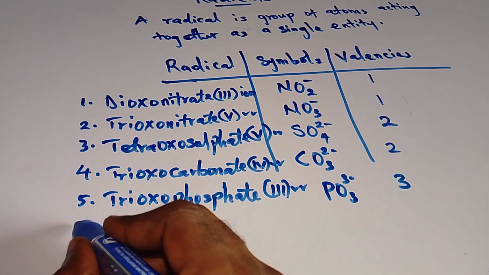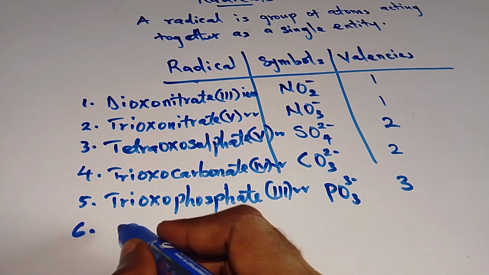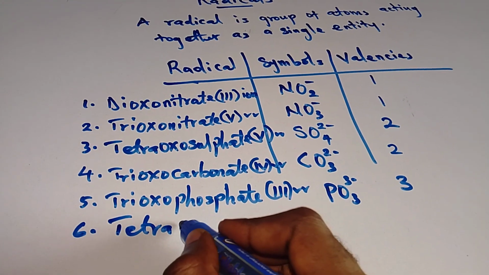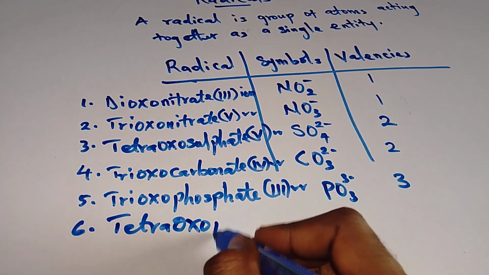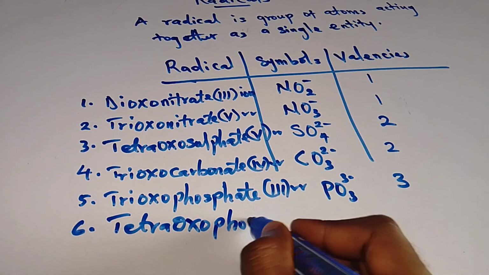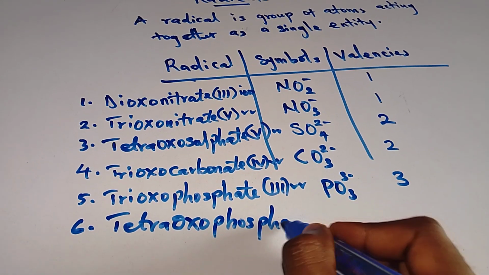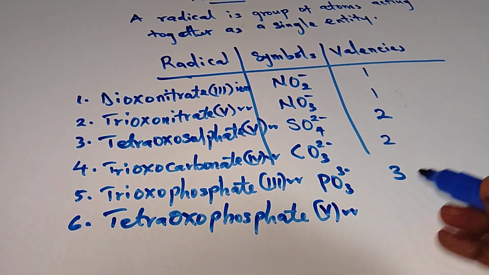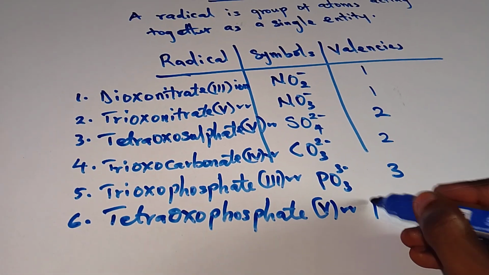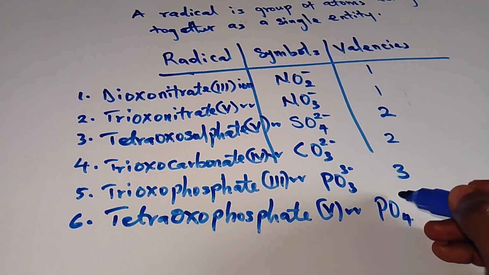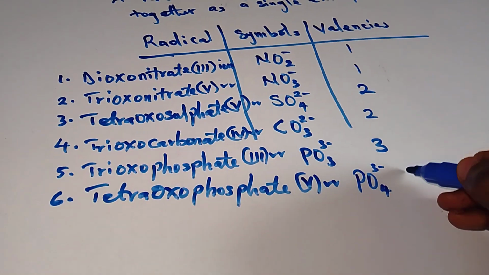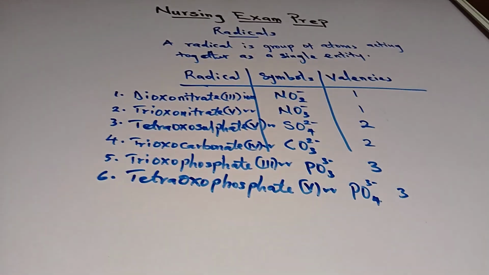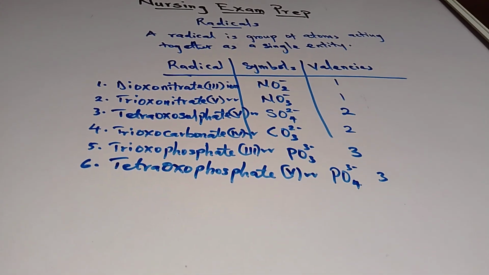And we have tetraoxophosphate 5 ion. The symbol is PO4 3-, and the valency is 3. All right, so these are examples of radicals, their symbols, and their valencies.